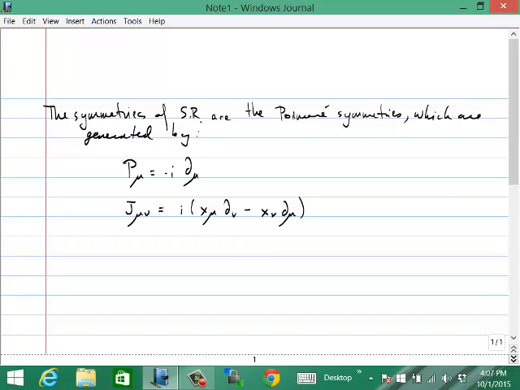So here I've written the 4 translation generators and the 6 Lorentz generators as differential operators. And these symmetries act both on classical fields as well as on the quantum Hilbert space.